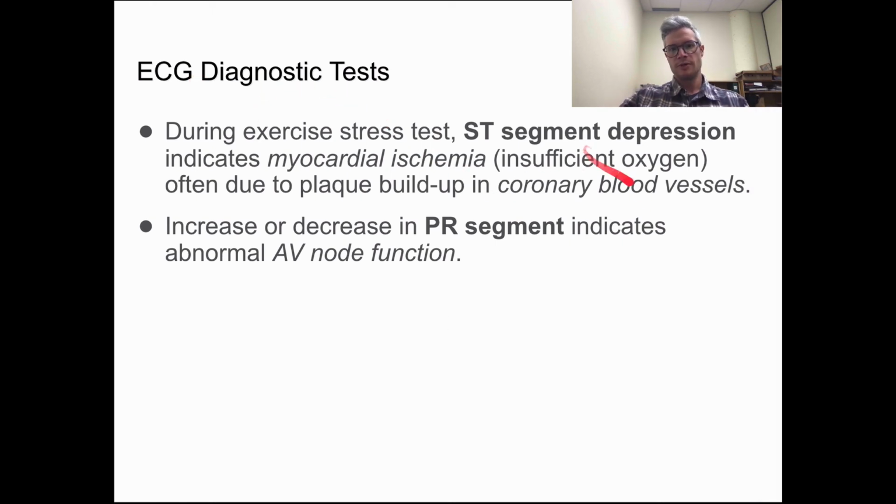So what if we use this in a diagnostic test, because that's absolutely what they're used for in a clinical setting? Well, if we see something called an ST depression, what that can indicate is myocardial ischemia. So heart muscle death, essentially, due to lack of oxygen, okay?